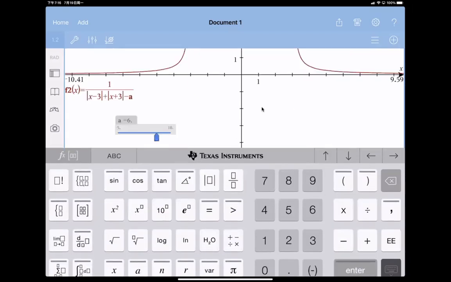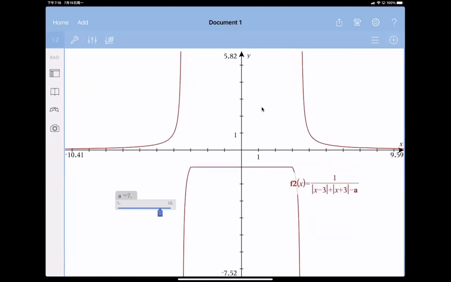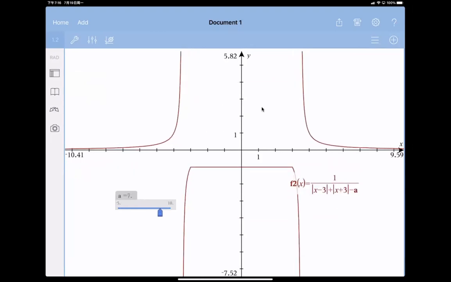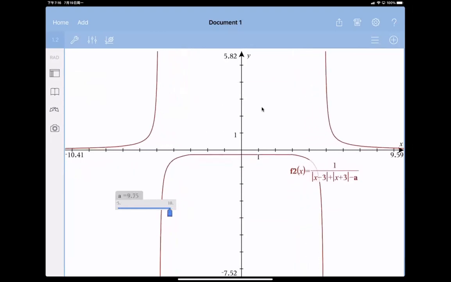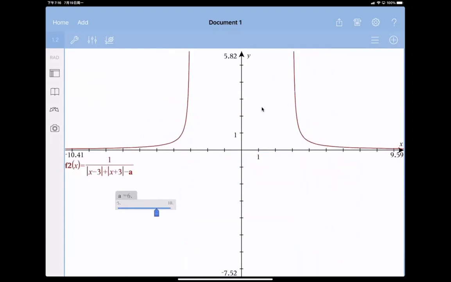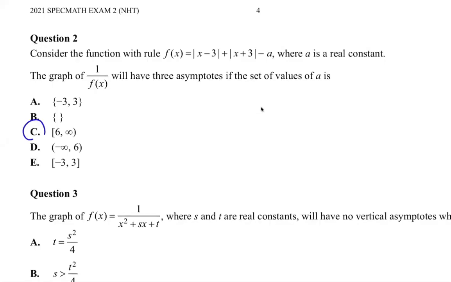How about bigger value for a? I see. So a is going to be bigger than or equal to 6. This is a new question. Very good question.